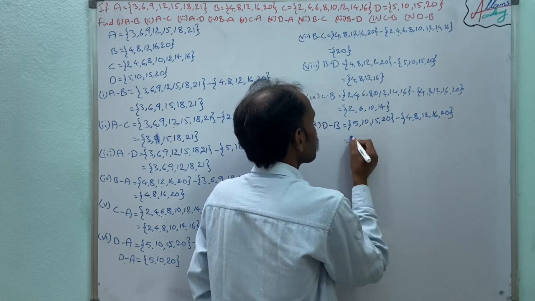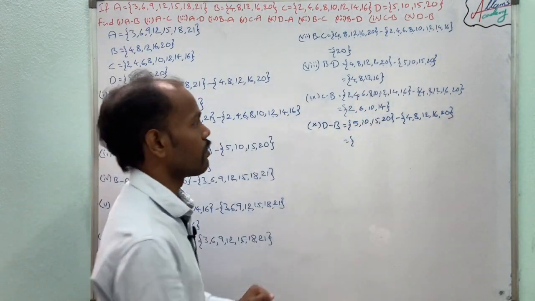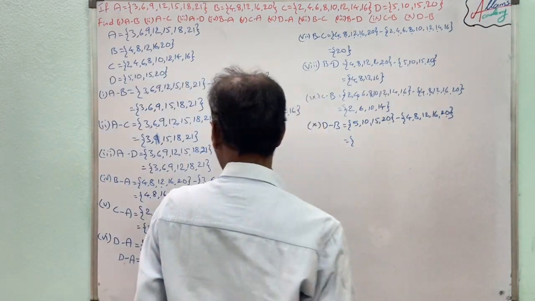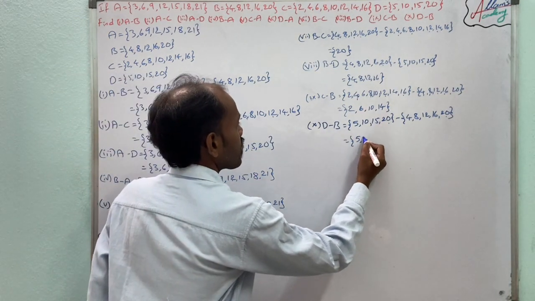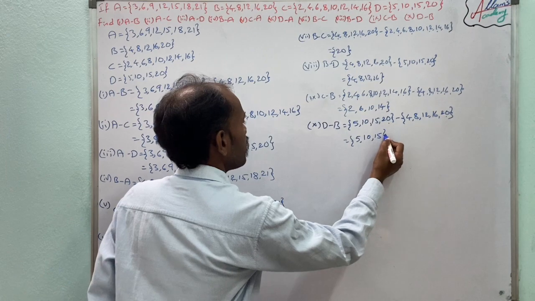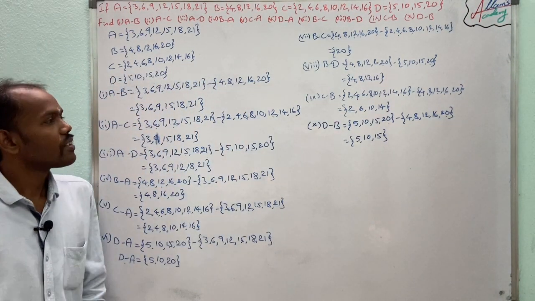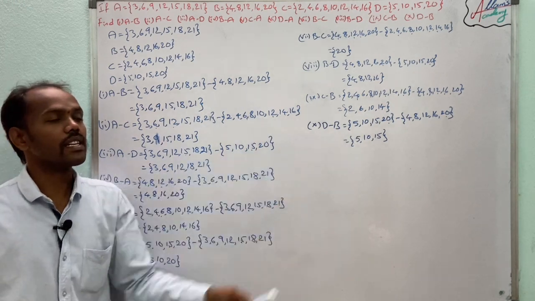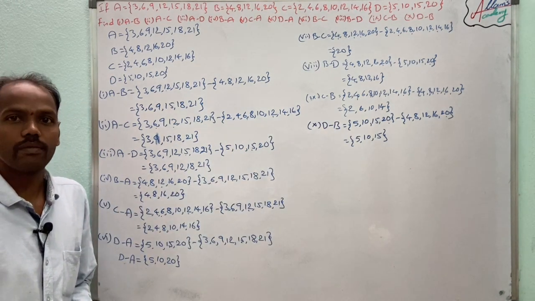Now the only common element in both sets is 20. So neglecting that one, what remains in the first set, that is the D set, are the elements 5, 10, 15. So D minus B is 5, 10, 15.